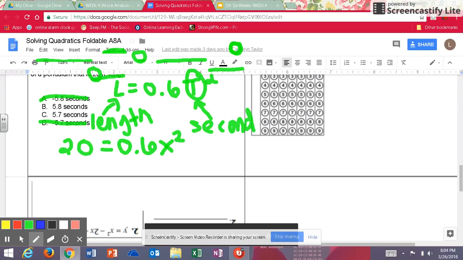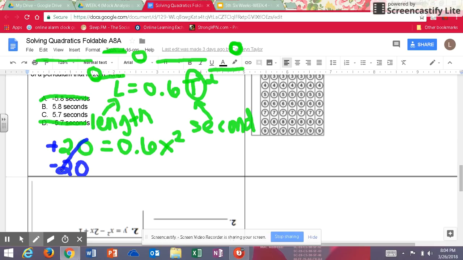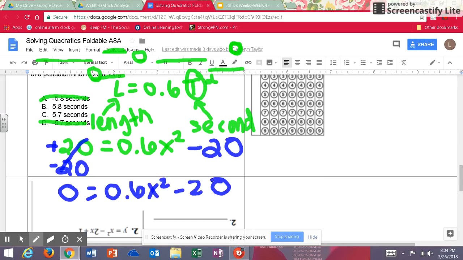What I need to do is get rid of this 20 here. If this is a positive 20, all I need to do is do a minus 20. That's going to cross it out. And then over here, I'm just going to move that minus 20 to the end of the equation. So you're going to have 0 equals 0.6x squared minus 20. And that's our goal. We need this equation to equal 0. And the reason we need it to equal 0 is because that's how we're going to graph it.